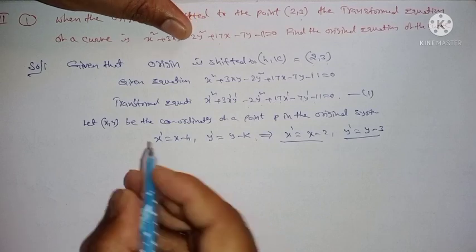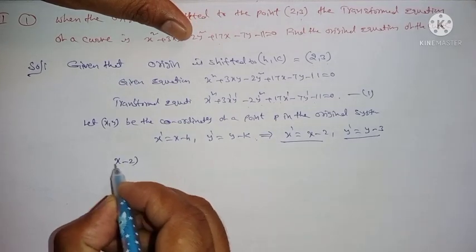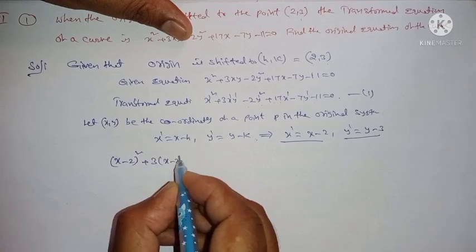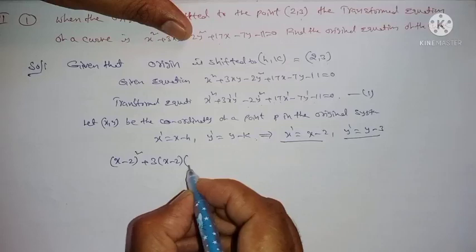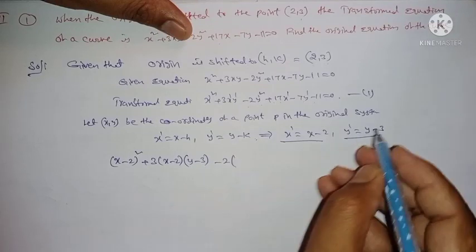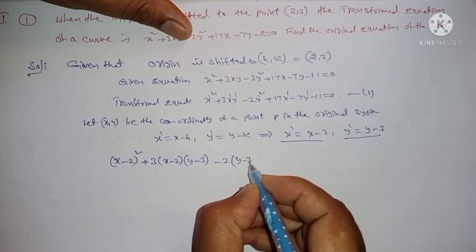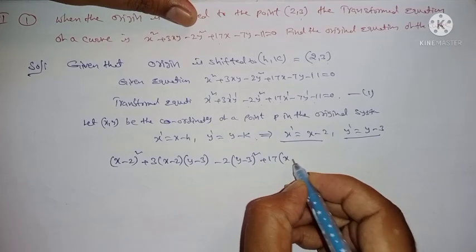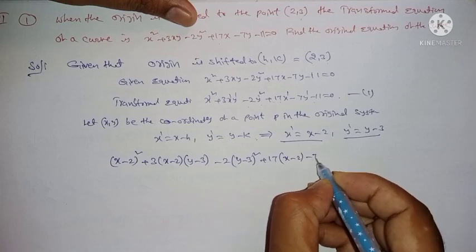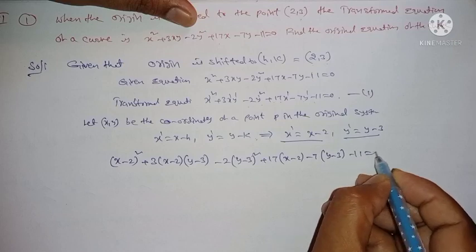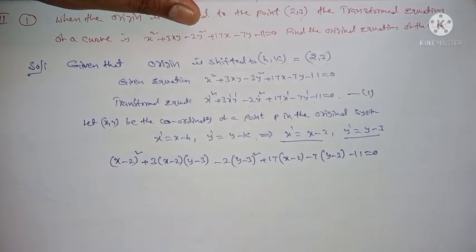I can write here (x minus 2) whole square plus 3 into (x minus 2) into y dash, which is nothing but (y minus 3), minus 2 of (y minus 3) whole square plus 17 of (x minus 2) minus 7 of (y minus 3) minus 11 is equal to 0. I am substituting the x dash and y dash values.